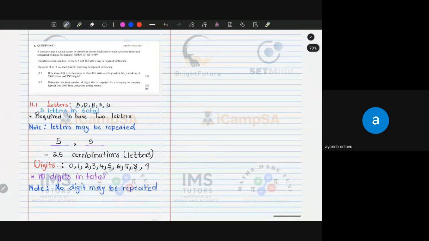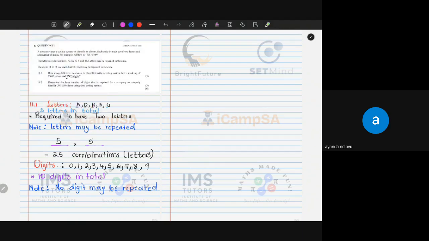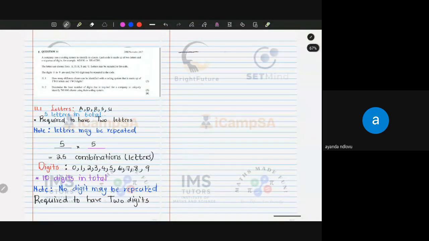Okay, and what is very important is we are required to figure out the combinations when we have 2 digits. So we are required to have 2 digits. So if you think carefully, we're going to have digit number 1, digit number 2, and we're not allowed to repeat anything.